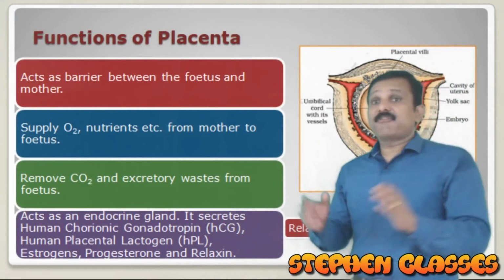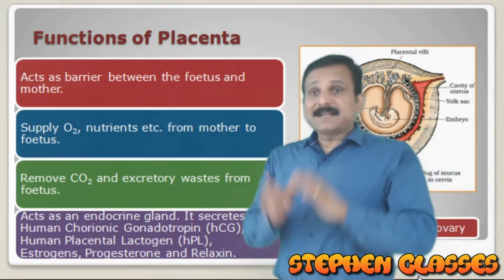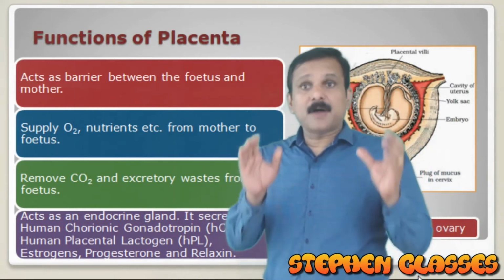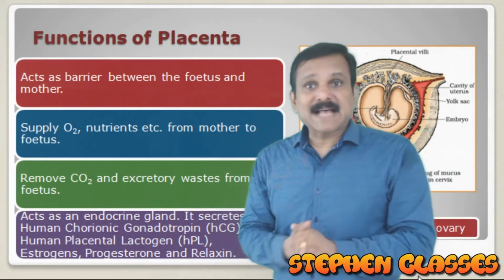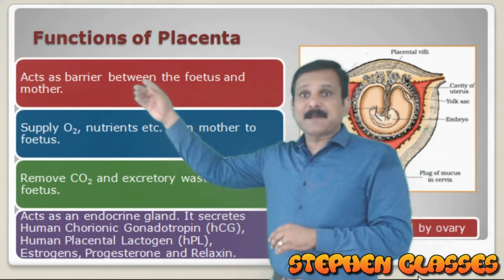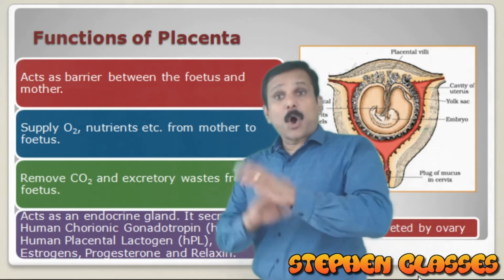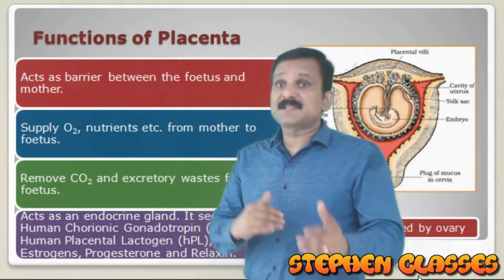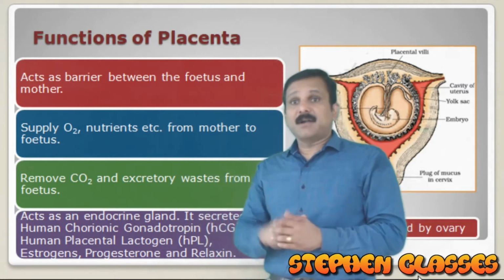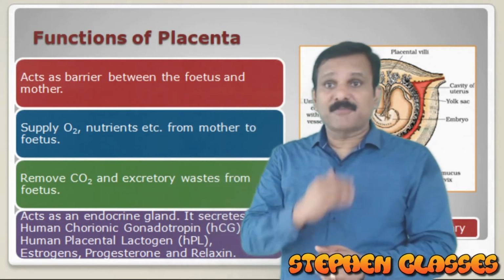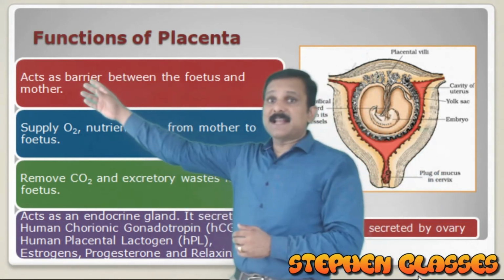Now we have the functions of the placenta. What are the different functions performed by the placenta? First of all, it will act as a barrier between fetus and mother, because all substances will not move through this placenta. Only selected substances are capable of movement, so that is why we call it a barrier.